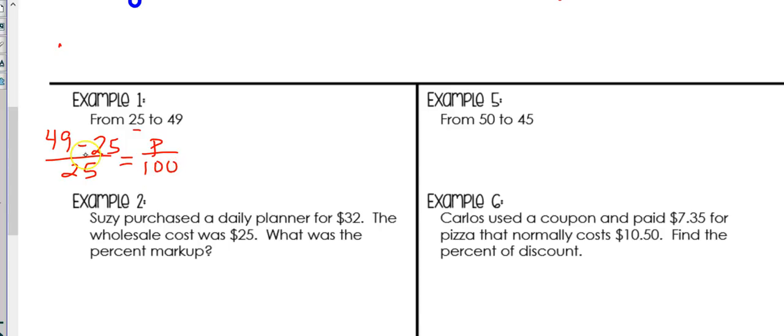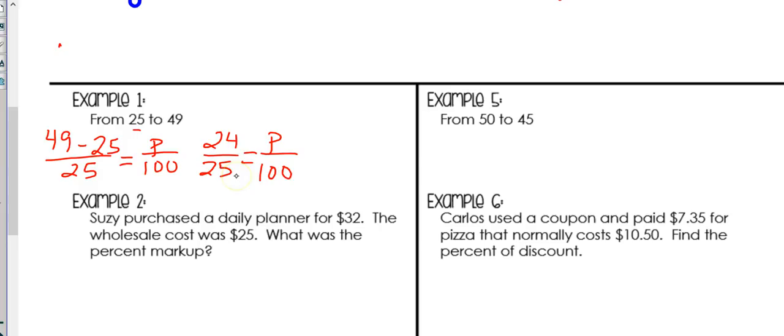So 49 minus 25 is 24, over 25, and that's equal to a percent over 100.